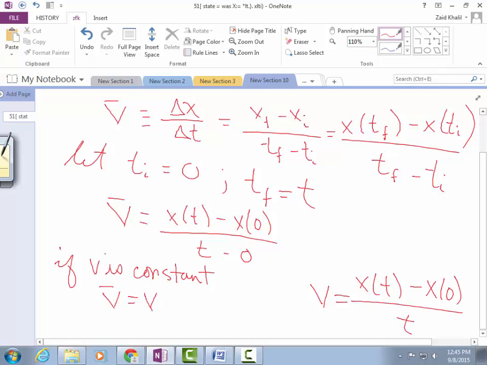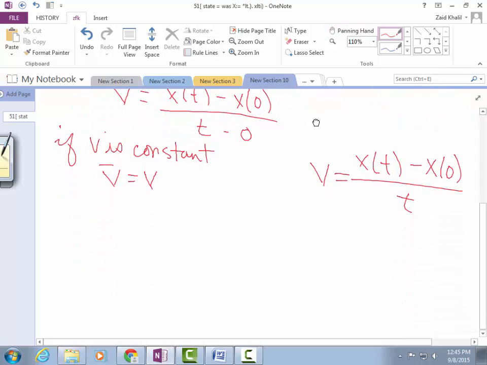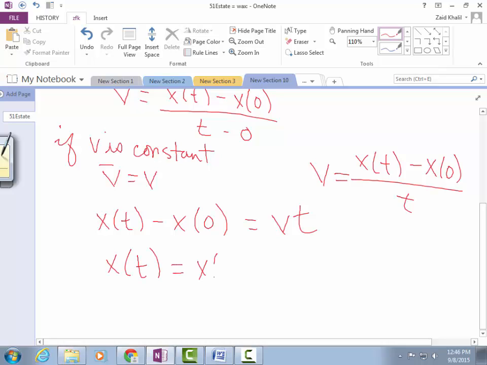Well, what does that define in terms of x of t? I can rearrange this, and you have x of t minus x of 0 is equal to vt. Anybody know what this is called, when I solve for x of t? This is called a linear function. In other words, for constant velocity, position is a linear function of what parameter?